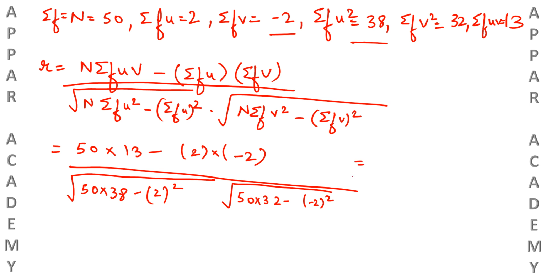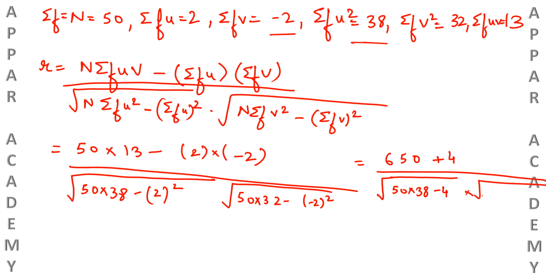Right? So here, now 50 into 13 is 650 plus 4. So this becomes 654 upon square root of 1900 minus 4, multiplied by square root of 1600 minus again 4.